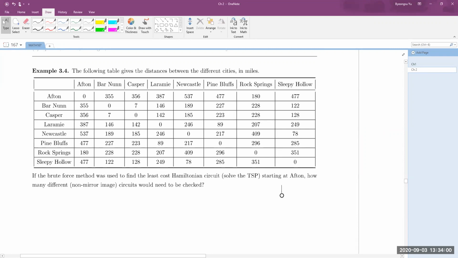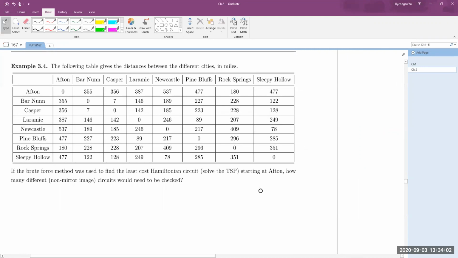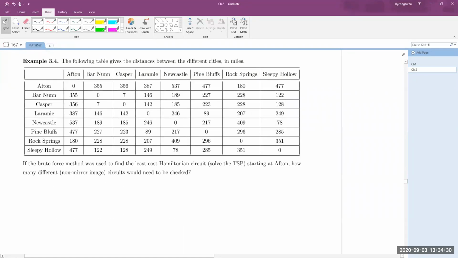From this table, you can make a complete graph with vertices, or from a complete graph, you can make a table where each row and column is a vertex, and the cells record the distance between two cities, right? So this is the table.